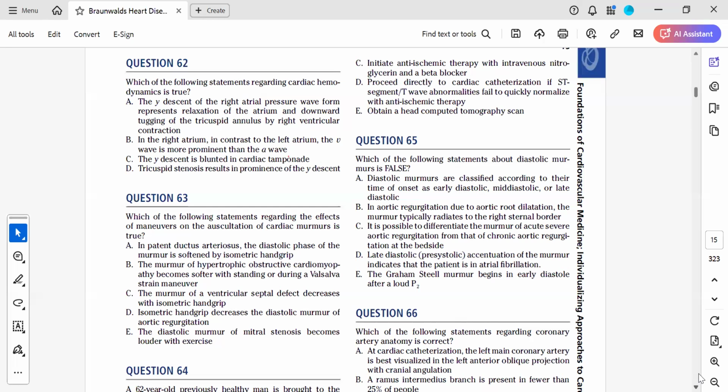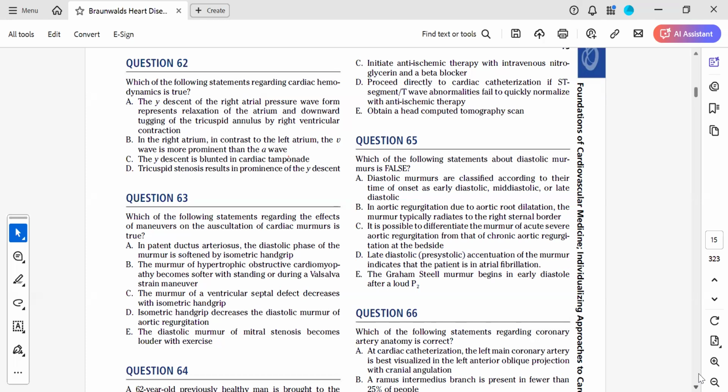But the X descent represents atrial relaxation. Atrial relaxation is like atrial diastole, and that corresponds with ventricular contraction. During ventricular contraction, some amount of blood leaves the ventricle, either through the pulmonary artery to the lungs or through the aorta to the systemic circulation.